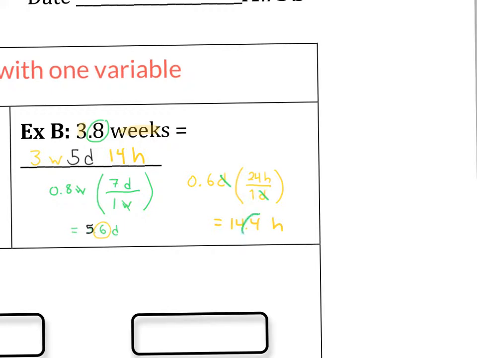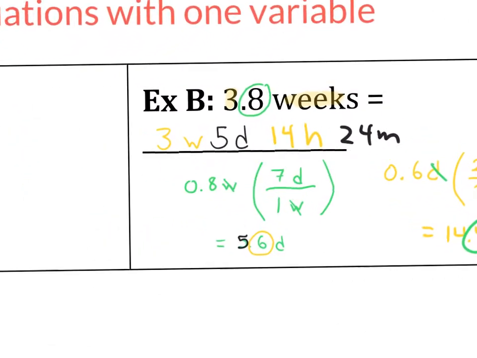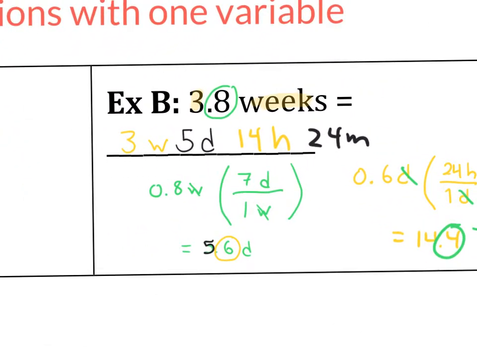Now I have to take the 0.4 hours and convert that. 60 minutes per 1 hour. And when I multiply this out once again, my hours drop out. I'm left with minutes, and the calculation is 24 minutes. So to read the final answer: 3.8 weeks is equivalent, it's the same as 3 weeks, 5 days, 14 hours, and 24 minutes.